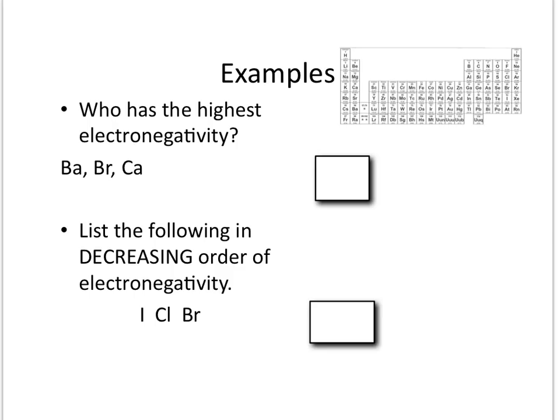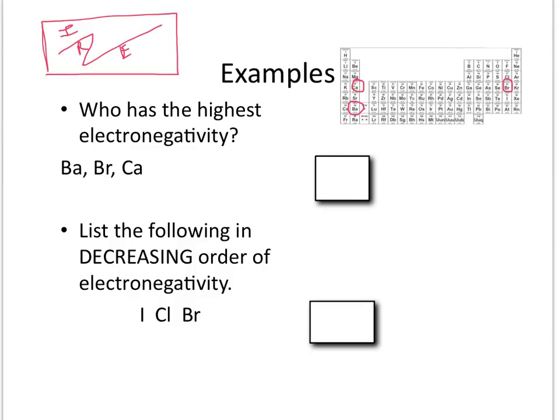All right, let's take a look at this example. Who has the highest electronegativity? We have been given barium, bromine, and calcium. Here's another example of a pattern that is not a pure group or pure period trend. So we do once again have to look at the eye of Zorro. Remember that it is the third line of the Zorro signature that represents electronegativity.